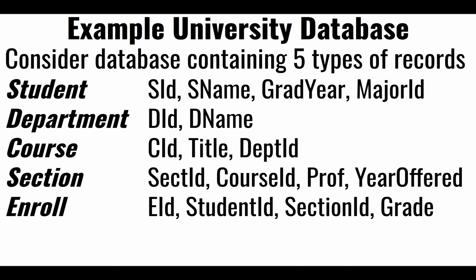That somehow the section can refer to the course that it belongs to, by making sure that the value of the course ID refers to some unique value of some course. But again, that's only a peculiarity of the data infrastructure that we're using, relational databases.